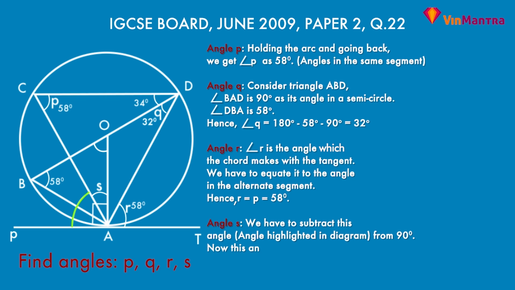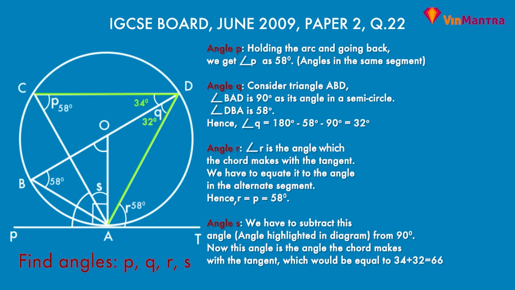Now, this angle again is the angle the chord makes with the tangent, which would be equal to 34 plus 32 is equal to 66 degree. Hence, S would be 90 minus 66, which is 24 degree.